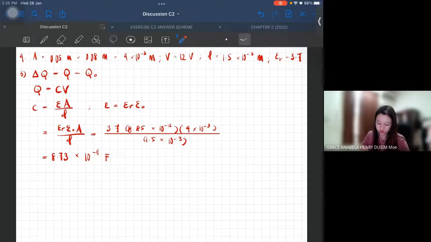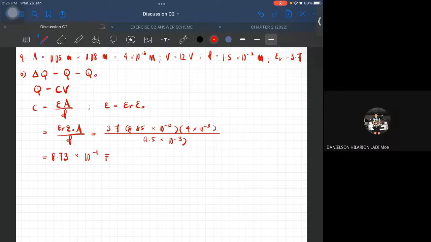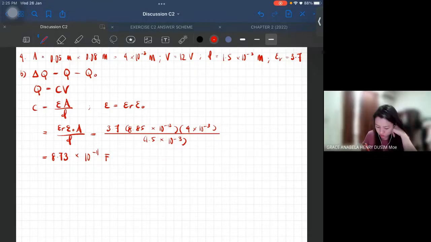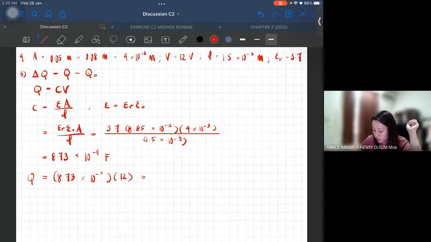Okay, right, Miss. So Q is equal to 8.73 times 10 negative 11 times V, which is 12. So Q, you should get 1.028 nano.